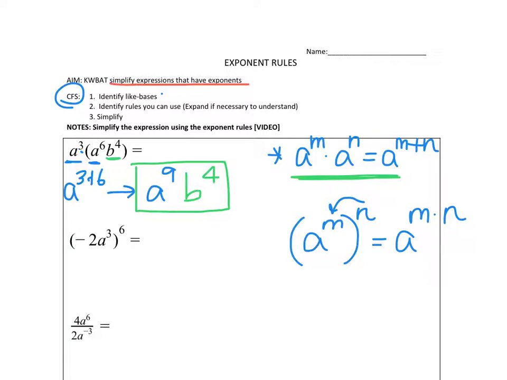So my rule here says I have an exponent on the outside here. So we're going to distribute that or multiply that by every exponent on the inside. So a to the third, and we're going to multiply 3 times 6, so a to the 3 times 6.